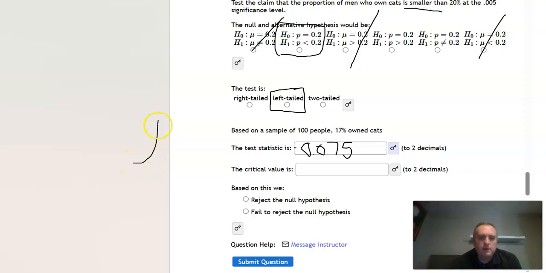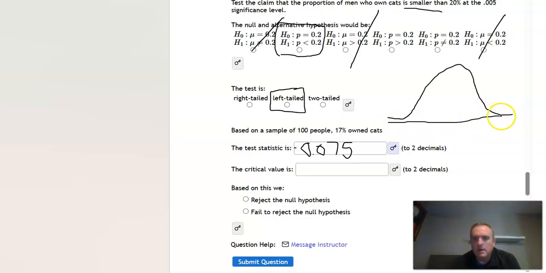So if we draw our little normal distribution here, let me actually draw it on the page. And we're doing a left-tailed test. We want to find the z-score that is the cutoff to where we reject the null hypothesis.